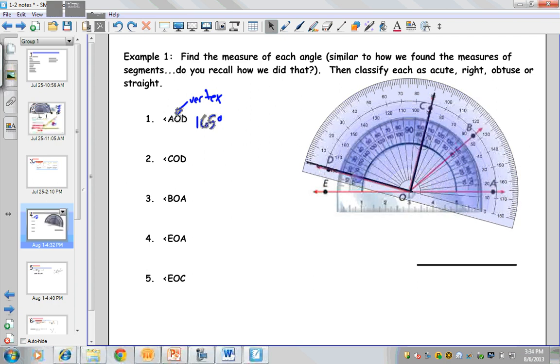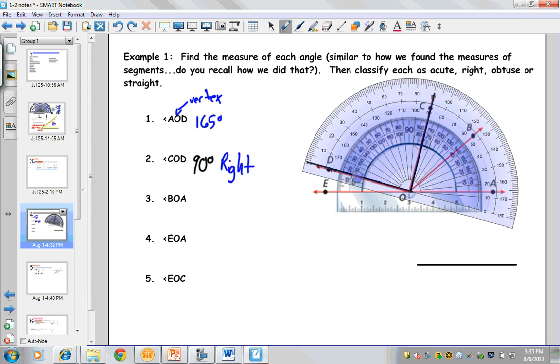So now, using my protractor, notice that it is lined up with the bottom line and all the way up. We notice that is a 90-degree angle, which is going to be a right triangle, or I'm sorry, a right angle. And so this is a right angle.